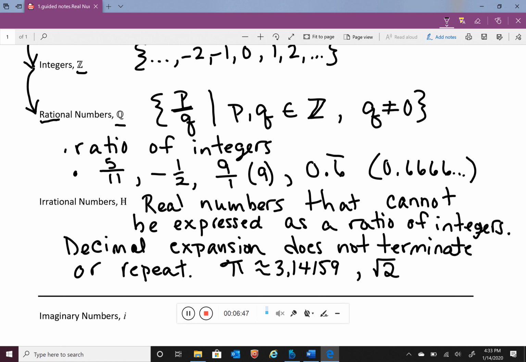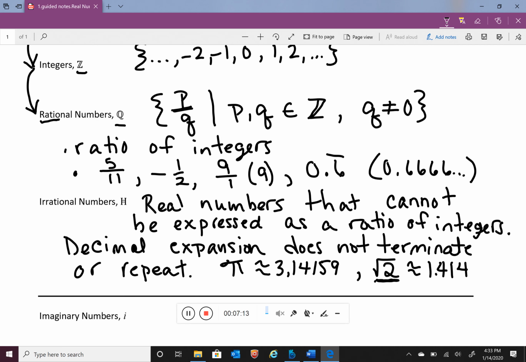It's still a real number though, because I can understand its value. It is approximately 1.414. Now you have to be careful there. That looks like it's repeating, but if you were to put this into your calculator, and I encourage you to do so, you're going to see that the next number, it's not a 1, it's different. It does not repeat. It is irrational.